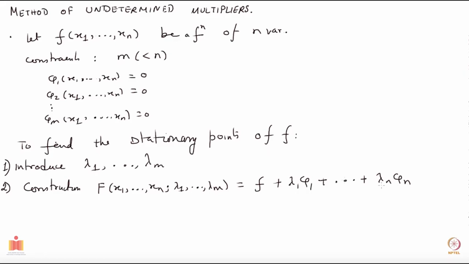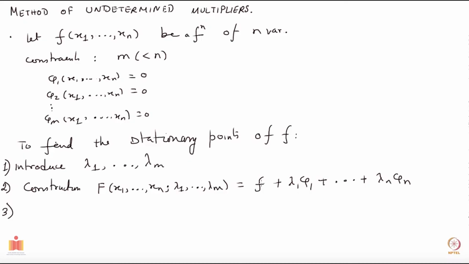Now what we do is the following. Remember, if there were no constraints at all, then your function is just f, and to find the stationary points you have to take the partial derivatives of f with respect to all the variables and equate them to 0.